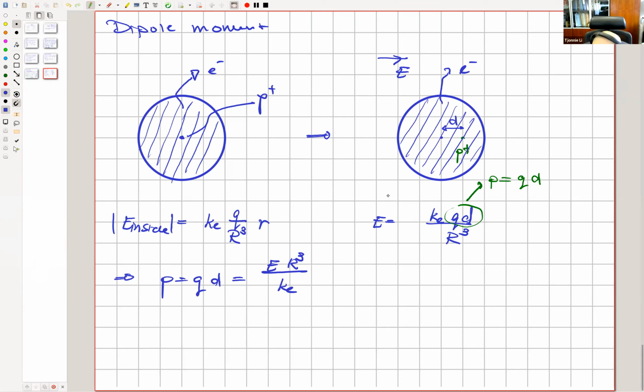Okay, just by rearranging this equation over here. But of course, R cubed over k_e is just a constant.